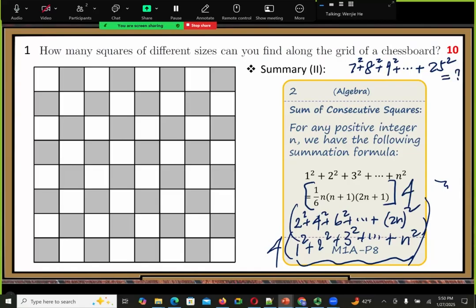But start from 7 square, not from 1 square. How to use this formula? We need to use the formula. Do not use calculator, all right? Use the formula. How to modify the existing formula to get the answer.